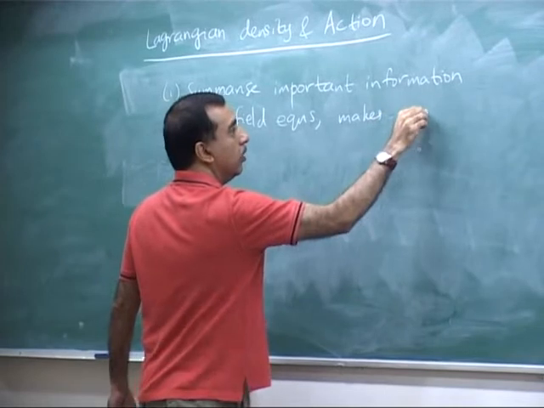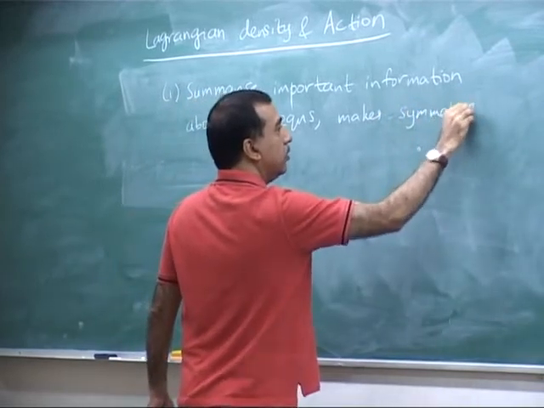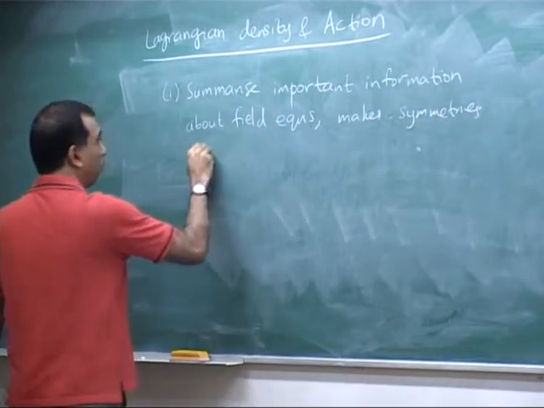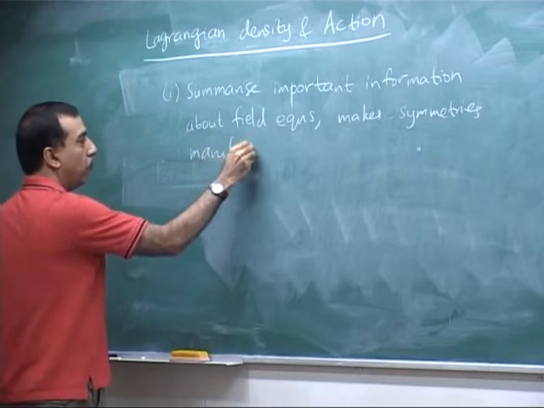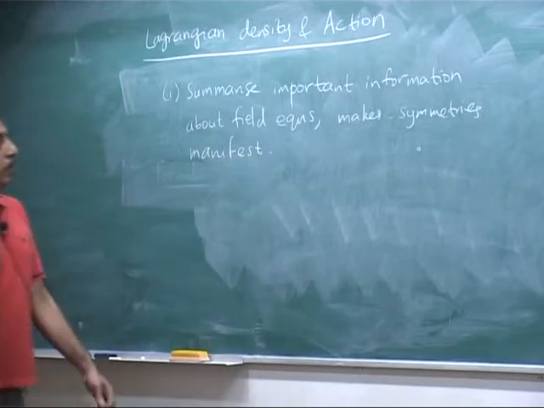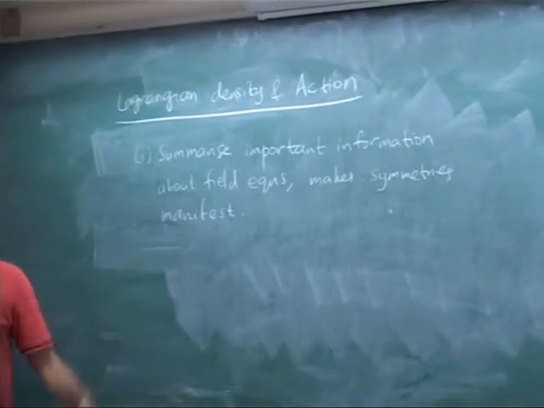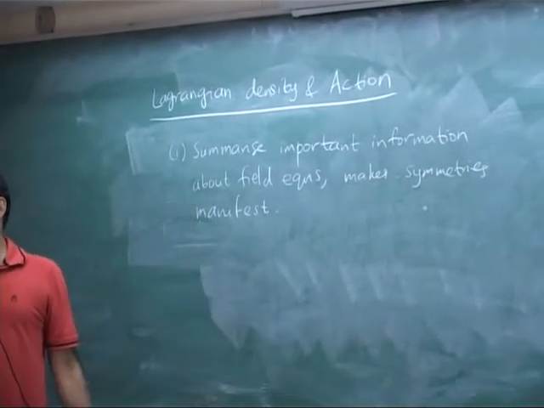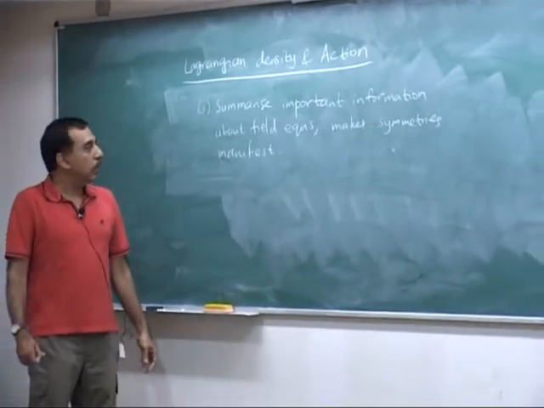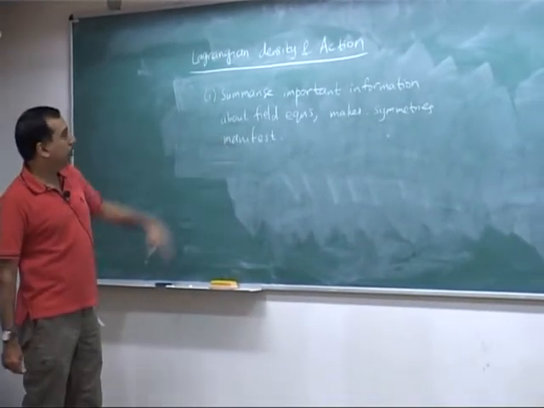So symmetry is a very important thing; it makes symmetries manifest. Of course, this is a slightly weak argument because the field equations also make the symmetries manifest, and you would think field equations are as good as the Lagrangian. So this is just a weak reason.